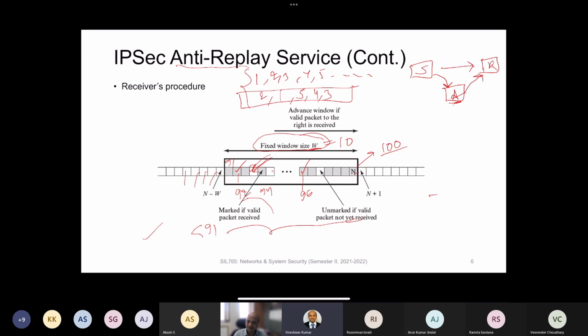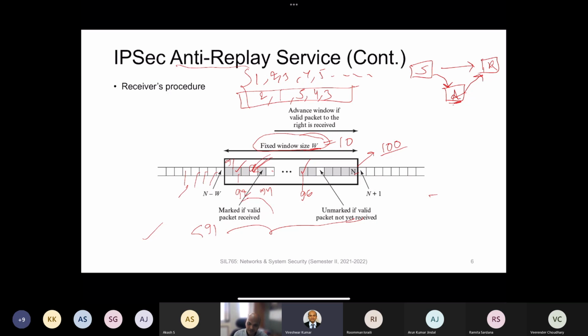And therefore, there will be some delay in replaying the packet. So it cannot be just directly replayed by the attacker. It has to do some processing before replaying, and that will add some delay.